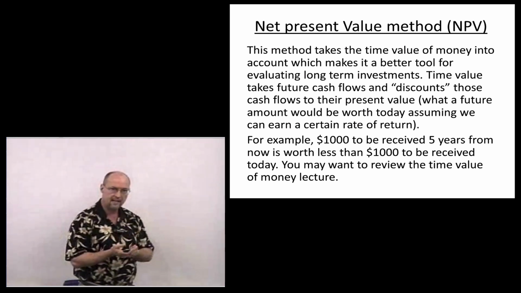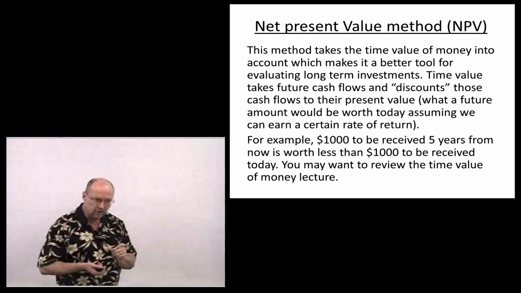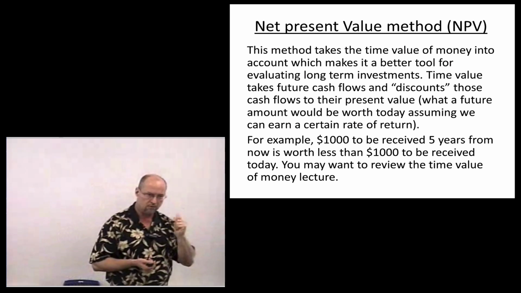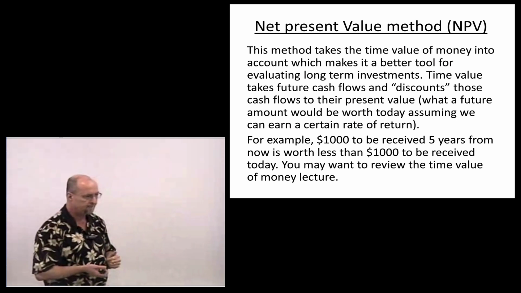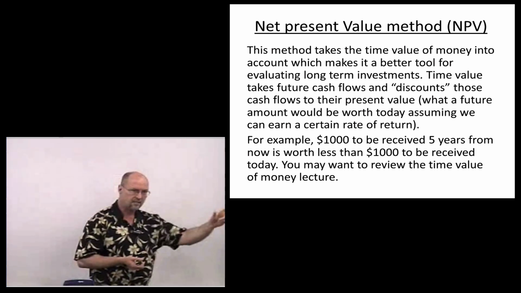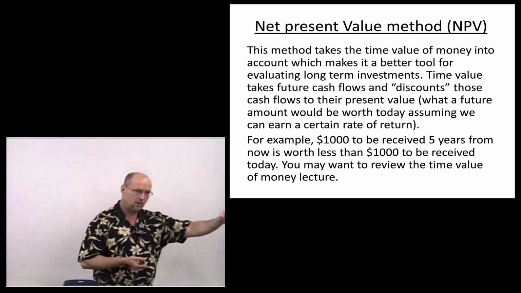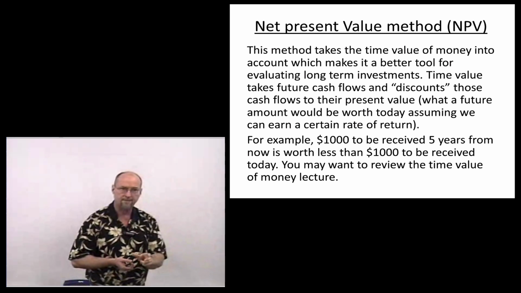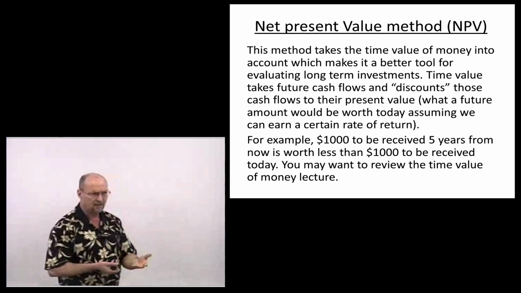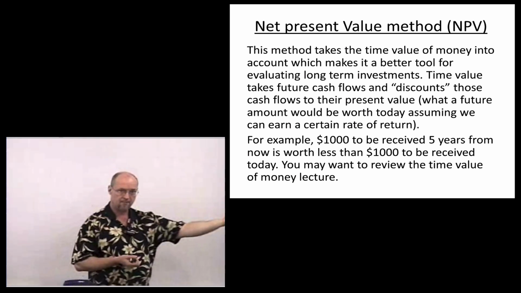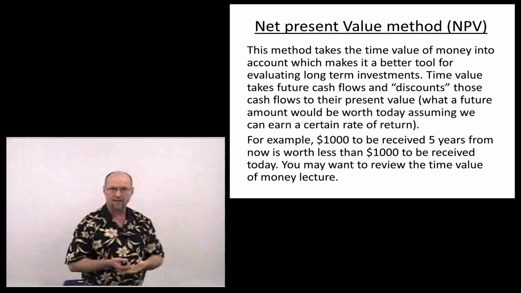How much would it be worth today? That would depend on what interest rate we assume we would have earned. And again, review the time value lecture. Now, if I assume I could earn 5% interest, then I would take $10,000 and discount it back 3 years, or 3 periods, using 5% interest, and I would find that the value of that $10,000 3 years from now is today only worth maybe $9,000.